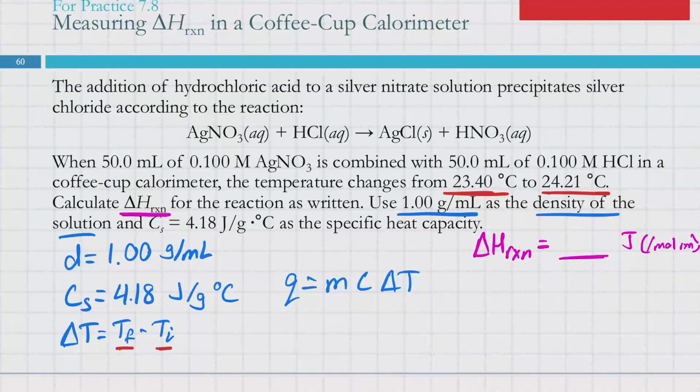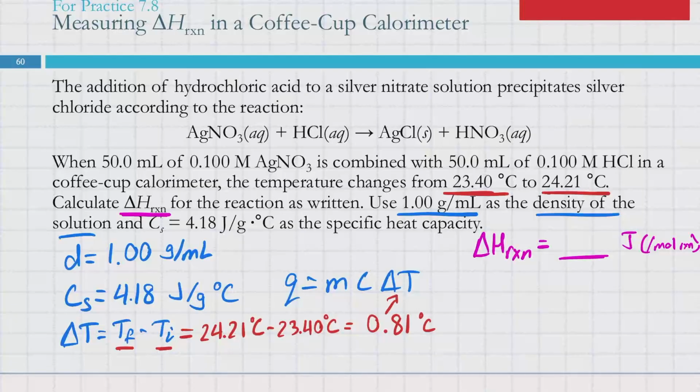Those are our TF and our TI, but in the opposite order. So our delta T is 24.21 degrees Celsius minus 23.40 degrees Celsius. Our change in temperature is 0.81 degrees Celsius.